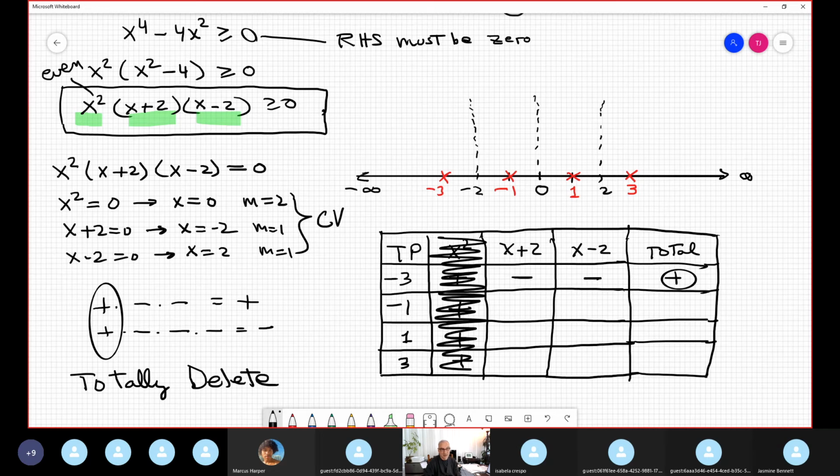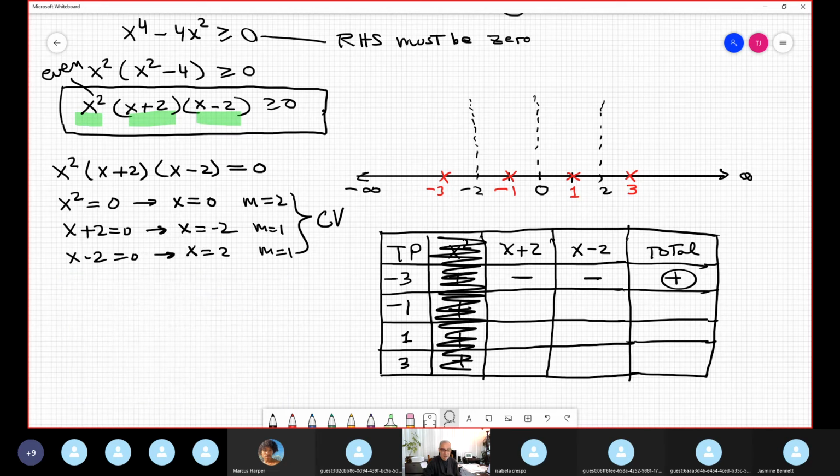Because the reason is clear. This factor is positive always and does not contribute any extra information. The important thing for the solutions of the inequality is the other factor, so mentally, if you want, you focus on this inequality.